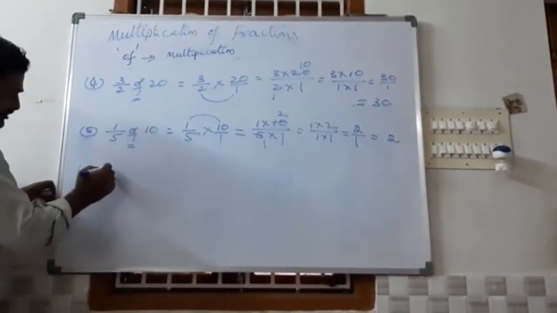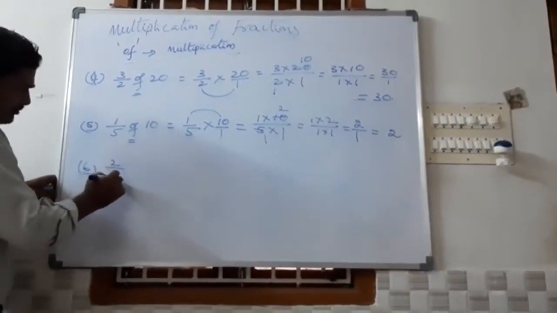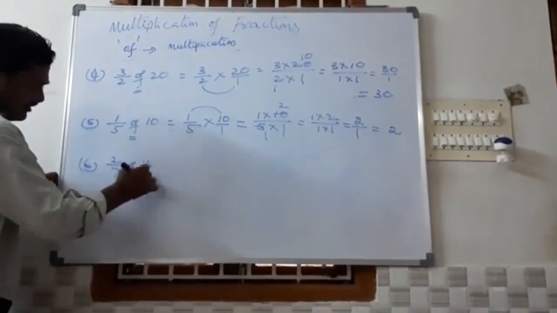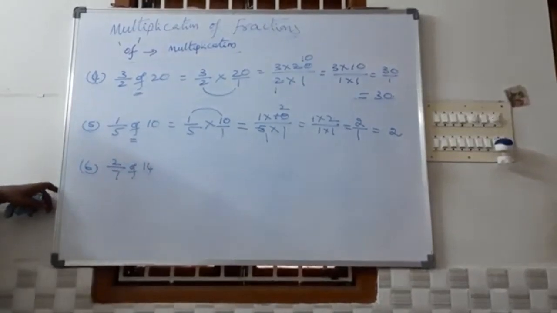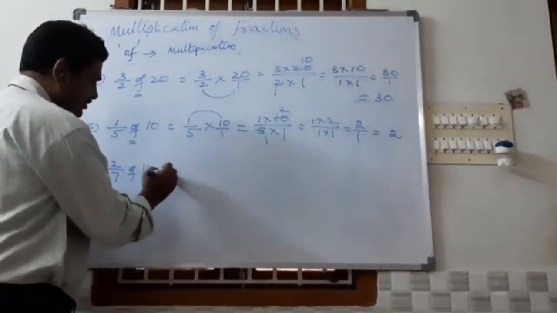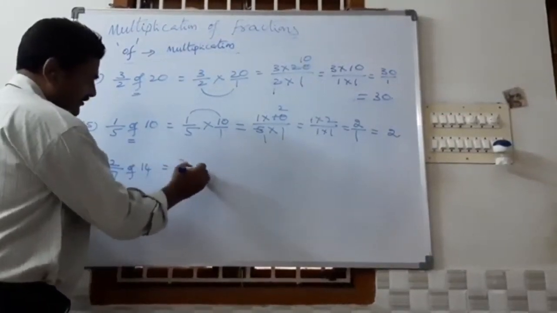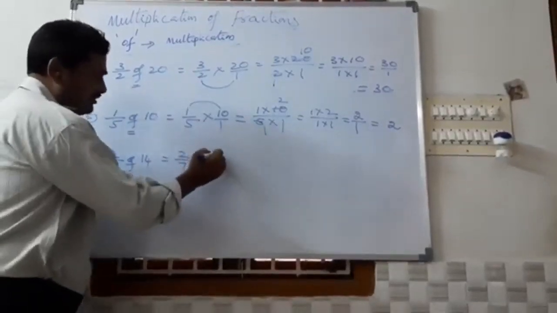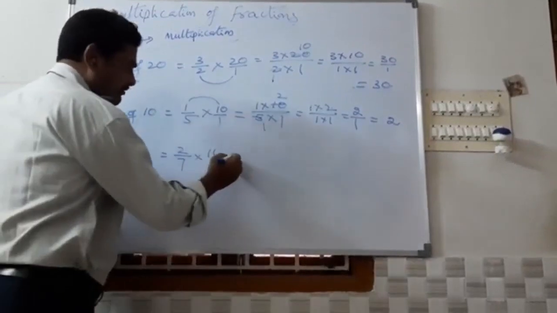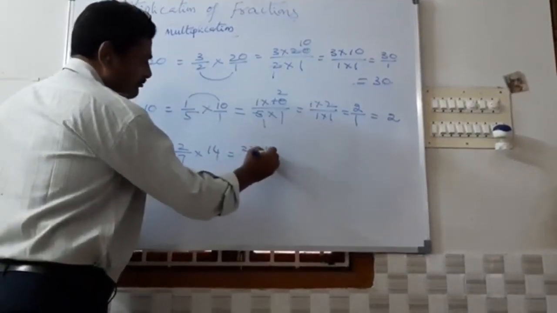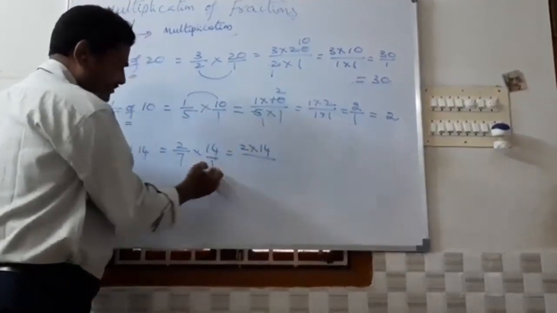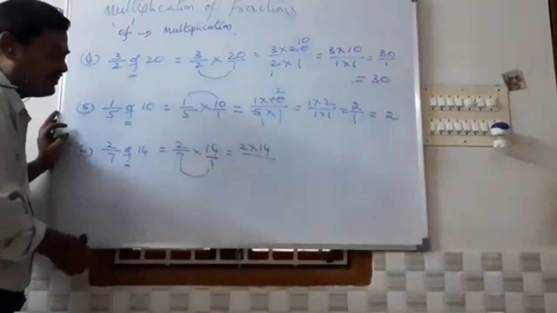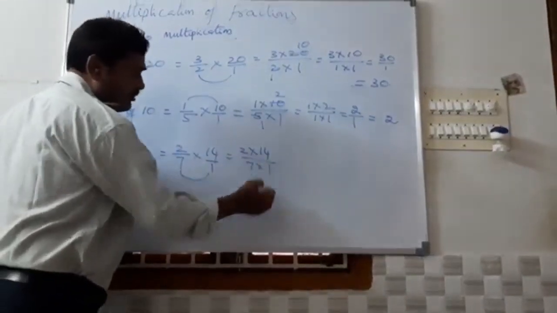Next, sixth question. 2 by 7 of 14. Now, how can I write this one? 2 by 7, "of" stands for multiplication, into 14. That equals 2 into 14 by, here denominators are 7 and 1, so 7 into 1.